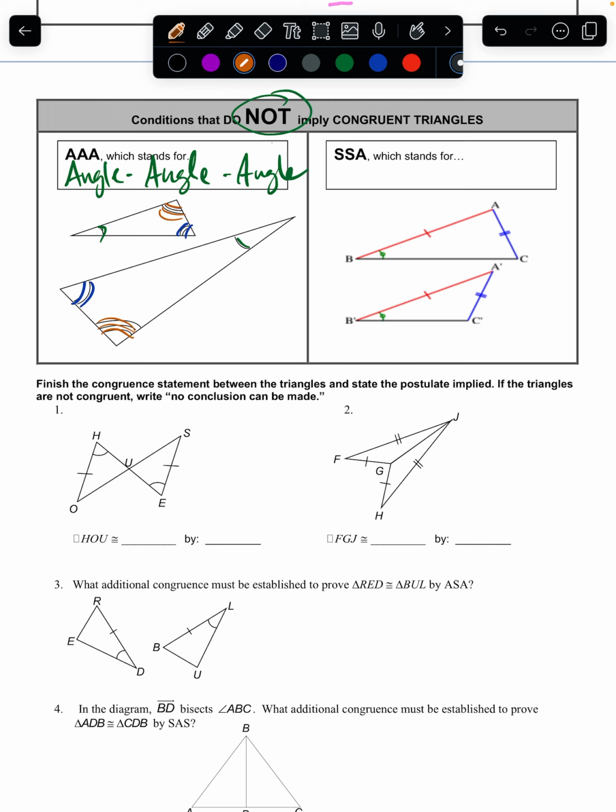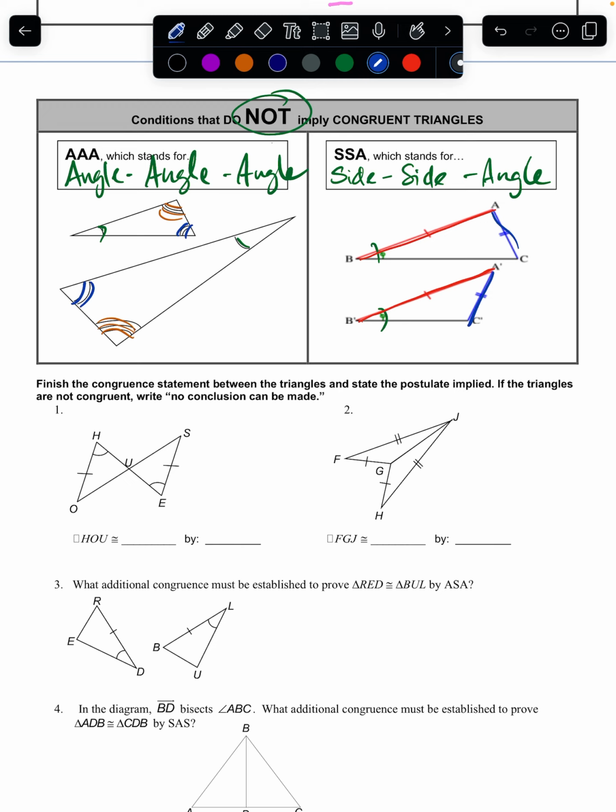ASS stands for side-side-angle. Okay. So this is one angle right here. These angles are congruent. And then we have this side right here, AB and A prime B prime. So these two sides are congruent. And of course, you have your AC right here, and you have your A prime C prime.